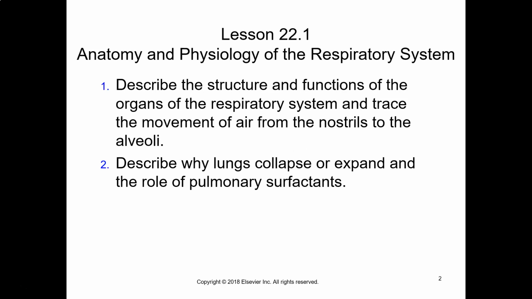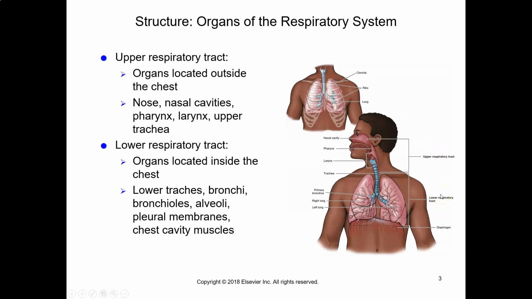You need to know the anatomy and physiology of the respiratory system. Of course, you have the upper and lower respiratory tract. If you follow along in your book on page 404 right now, you have the organs which are located outside the chest: the nose, nasal cavities, pharynx, larynx, upper trachea.